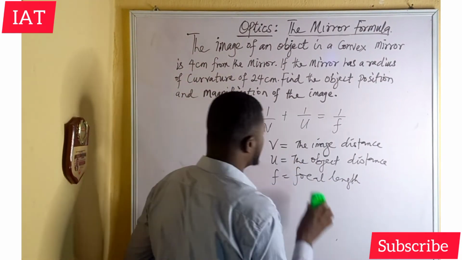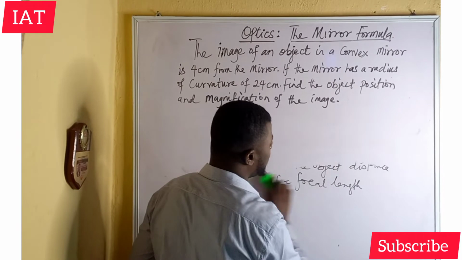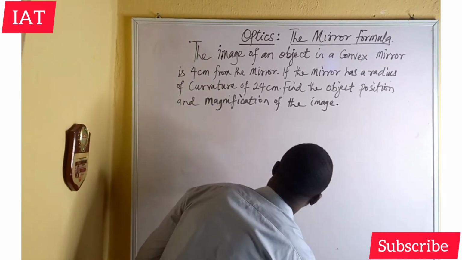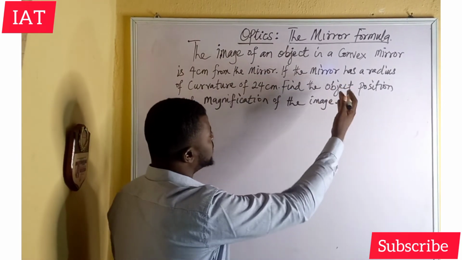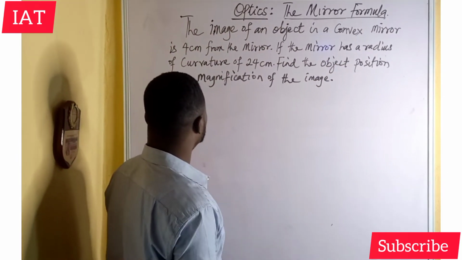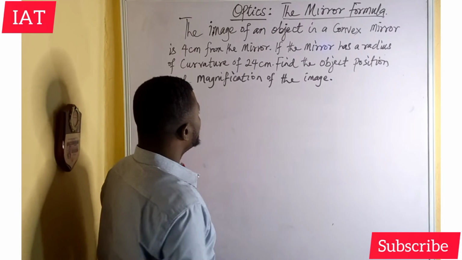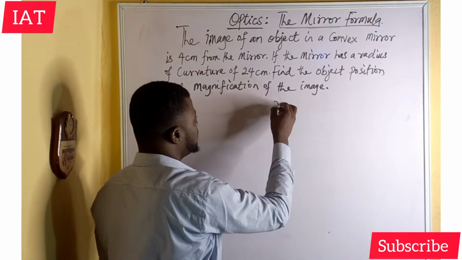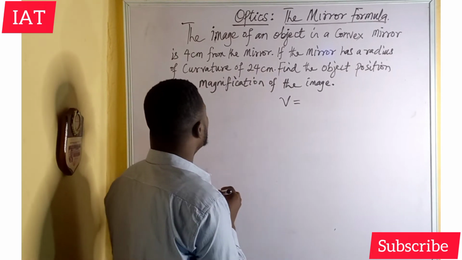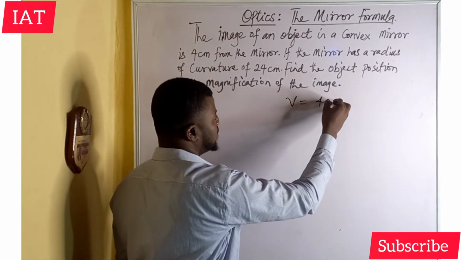Let's quickly do that. But before we go about solving the problem, let's interpret the equation. The image of an object in a convex mirror is 4 centimeters. That is to say, v is equal to 4 centimeters.